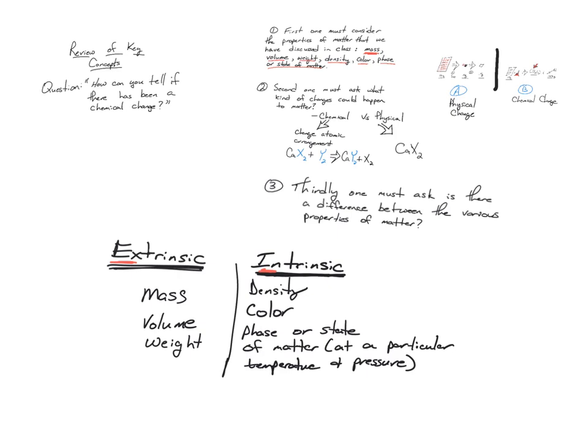If we had an ounce of gold and we added more, could we increase the mass without changing its properties, any other properties? Sure, we could just keep adding more or taking some away, right? And that would be an extrinsic change because all you have to do is take some away or add some. Intrinsic properties don't matter by how much you have.